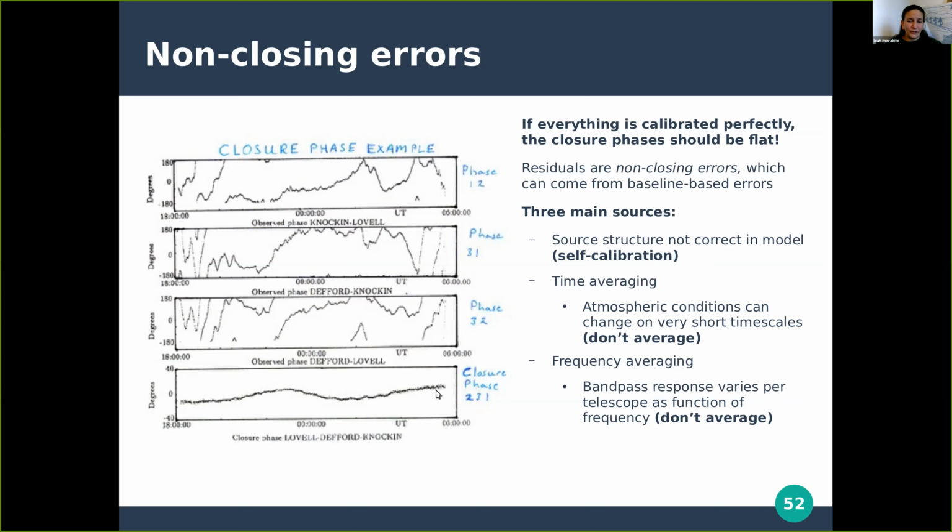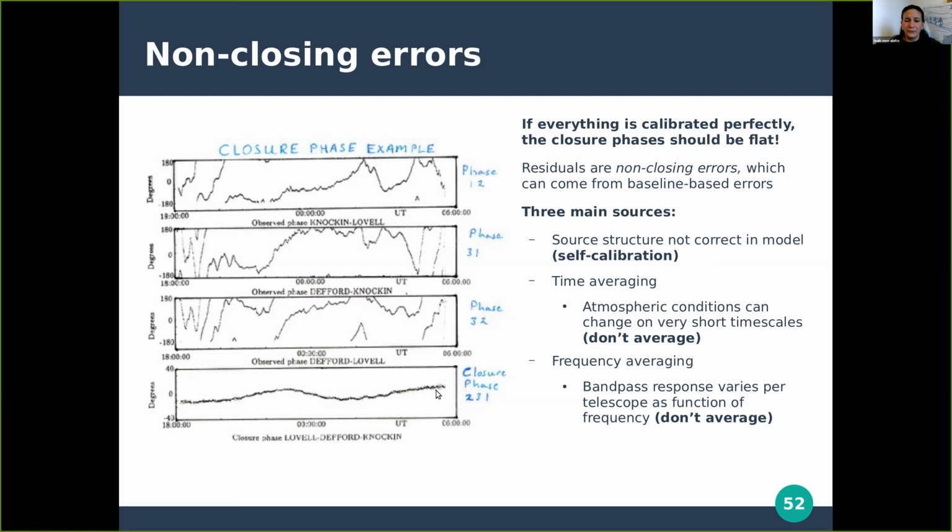So your atmospheric conditions can change very quickly on very short timescales, which means that if you average too much, then your average value is not representative of the different quantities within that time range. And so you can't really solve for that, but what you can do is mitigate that by not averaging in time.